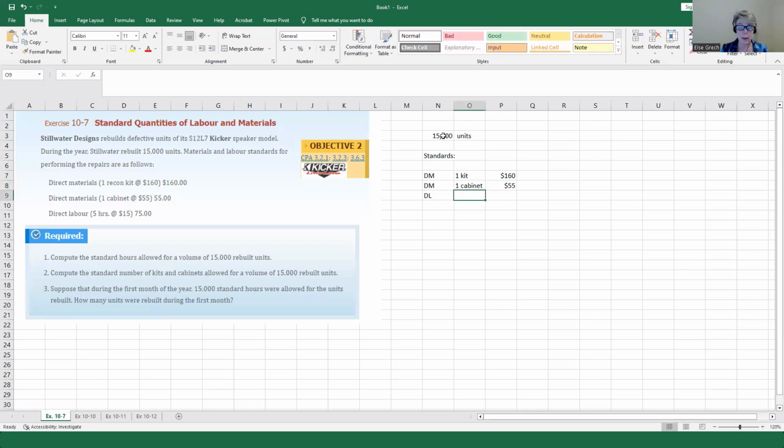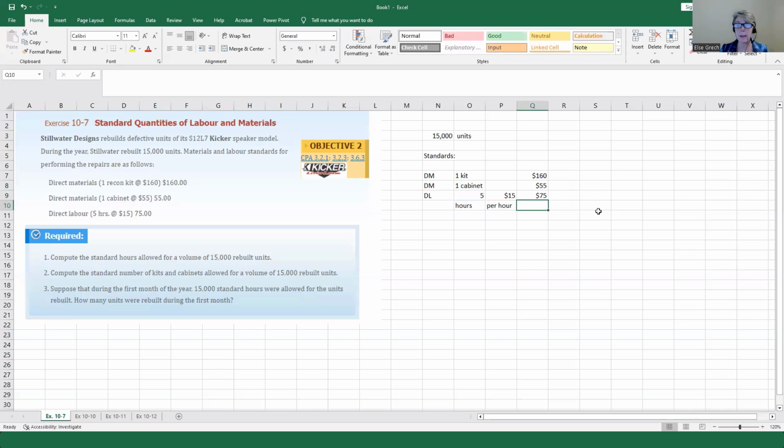And direct labor, they need 5 hours. I'm going to do 5, and then I'm going to do hours underneath so I can use the number 5. And that's 5 hours at $15 per hour. Okay, and I'm going to move these two over because this is just one and one of each of these. This one, I actually need 5 hours at $15.